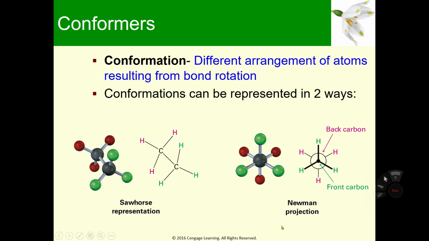Green hydrogens are attached to the carbon in the front, like this. Then we can easily tell the angle between these two hydrogens will be 60 degree, because this 60, 60, 60, that's 180, and 60, 60, 60, that's another 180, it makes 360.